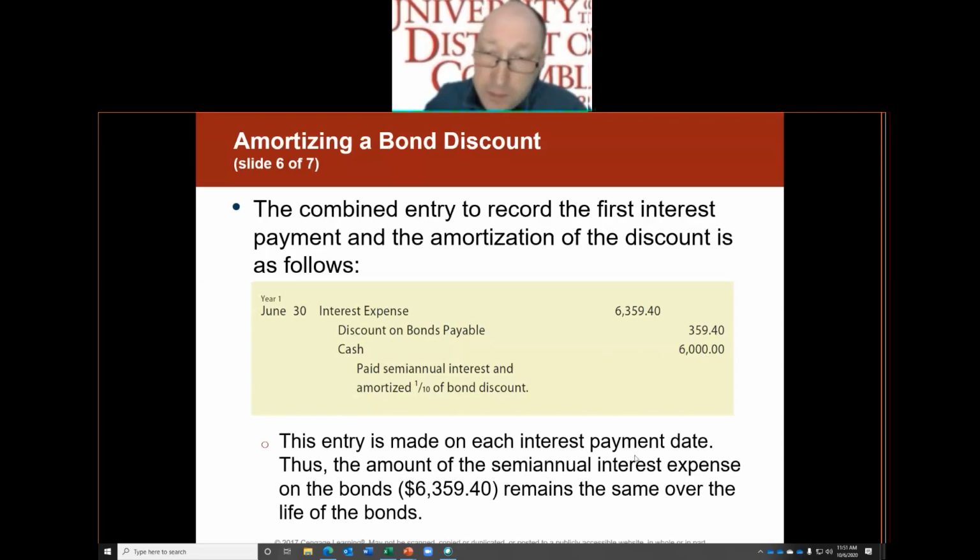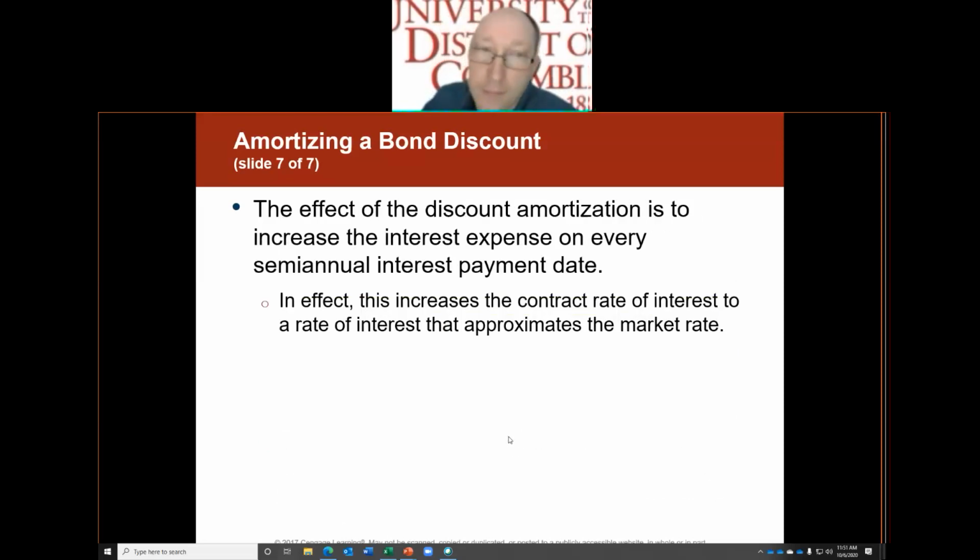This entry is made for each interest payment date because it's semi-annual. It remains the same over the life of the bond, because if it's straight line, it's going to be the same interest amount throughout the life of the bond. The effect of the discount amortization is to increase the interest expense on every semi-annual interest payment. In effect, it increases the contract rate of interest to approximate the market rate.